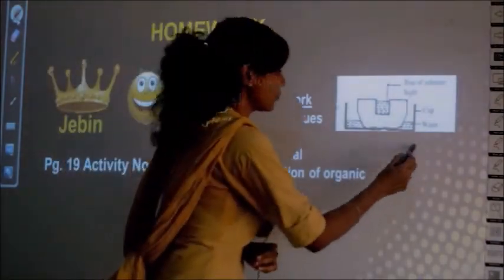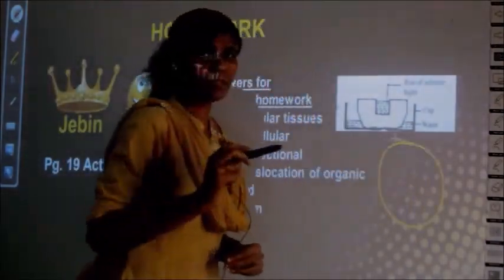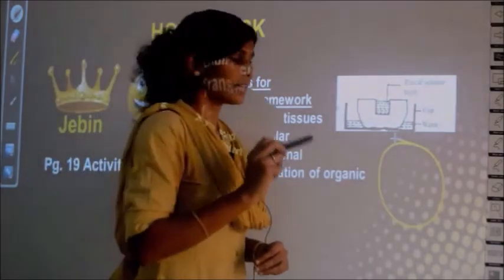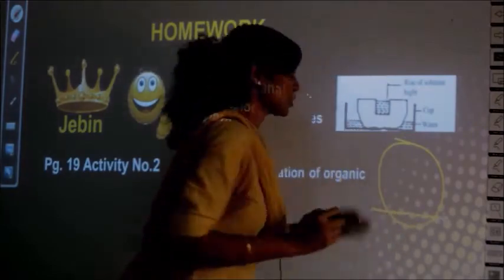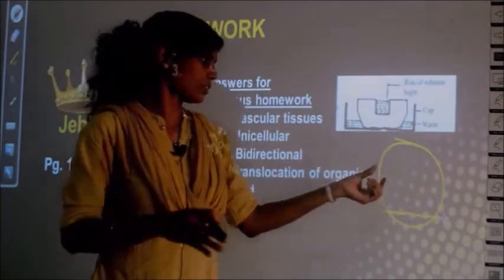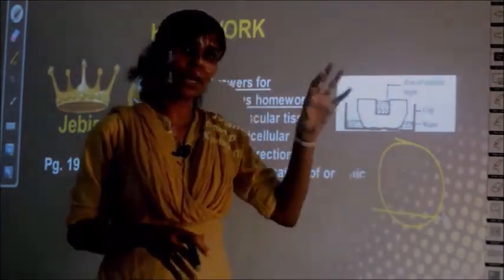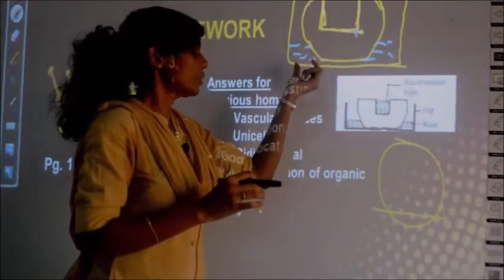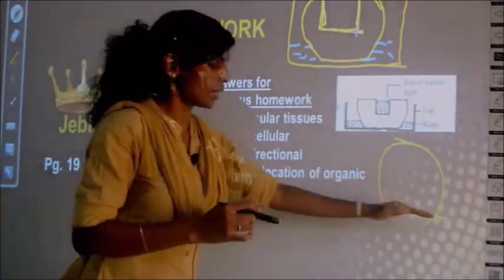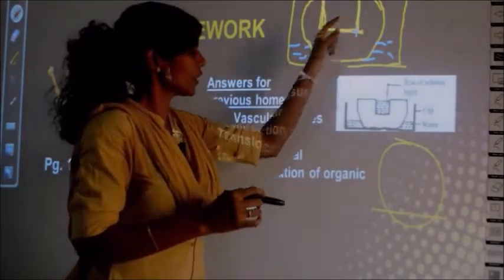If you remove it, you will not get the answer. You cut the bottom of the potato so that it can stand. If you try to keep the potato, what will happen? It will roll. So you cut the base, and also the top region.